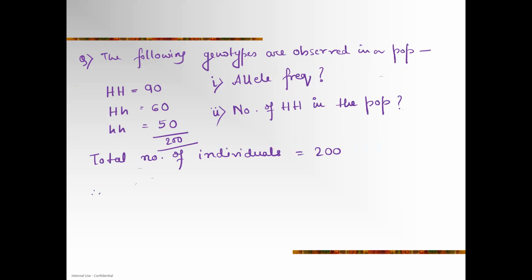Now what are we going to do? We will first calculate the genotypic frequency. Correct? Genotypic frequency. I'm going slowly, step by step, so that every bit of it gets settled in your head. This should be a one-way, unidirectional process.